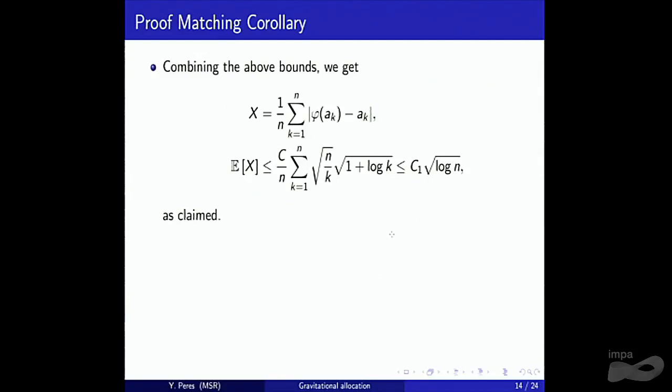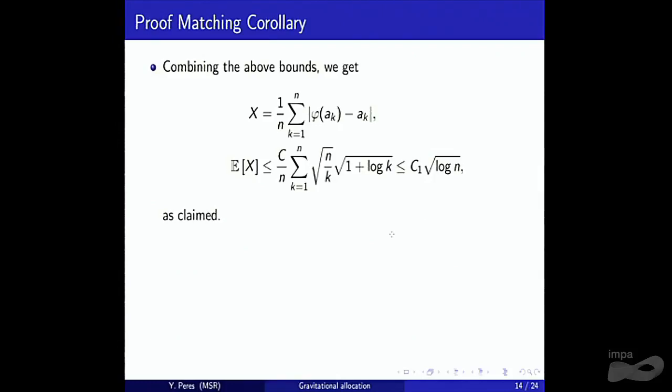But this means two things. One is that this matching is optimal up to constant because of the AKS theorem. And second, it means that you cannot get an allocation scheme which is really better than root log n. Note that although we talked about gravity, all we used is the fact that we have these fair allocation schemes. So if we had any other abstract fair allocation scheme which had better behavior than root log n, you could apply that scheme to get a matching.